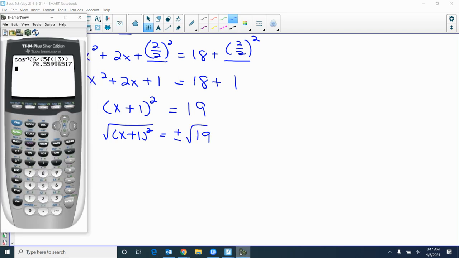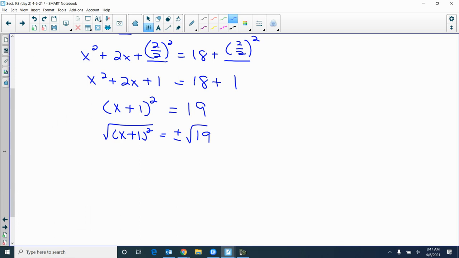When I take the square root of 19, I get 4.36. We're going to round to the nearest hundredth. For a second, keep it as it is and make this x plus 1 equals plus or minus square root of 19.